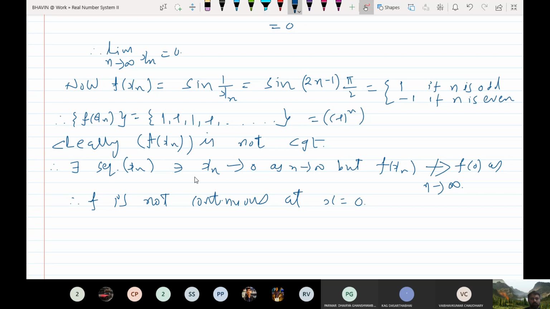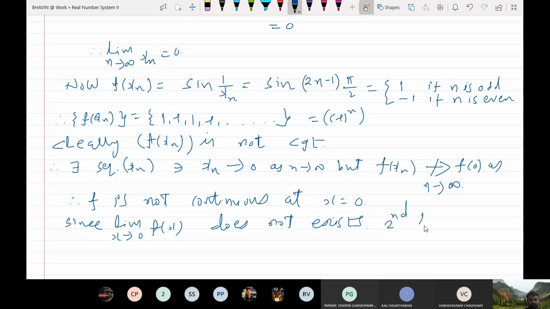And it is a second type discontinuity, since the limit as x tends to 0 of f does not exist, second kind or second type.